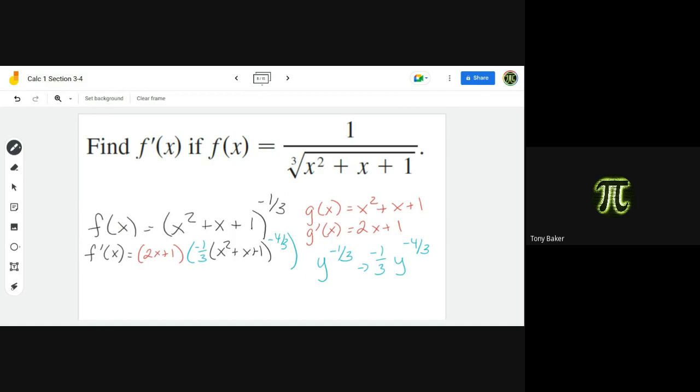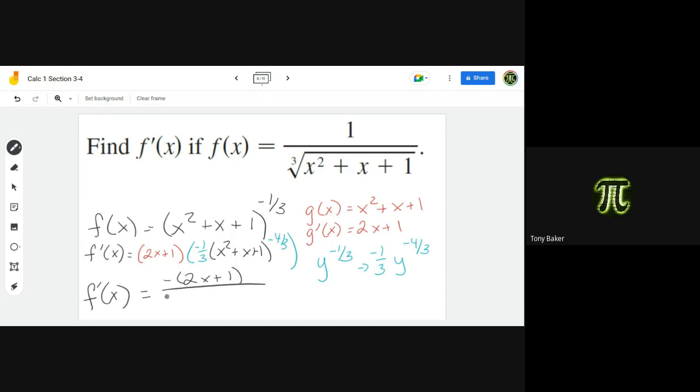All right, this one you would want to clean up. You don't want the negative exponents. We've got a fraction in there, so this one you'd want to clean up. So the 2x plus 1 is going to be on top. And we have a negative.